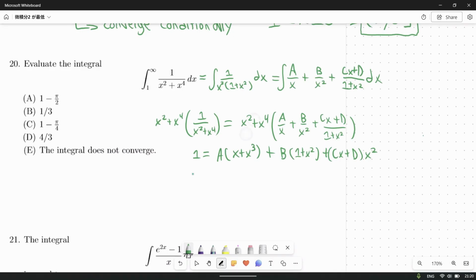Yeah, let me rewrite this as 1 is going to be equal to A times x times 1 plus x squared plus B times 1 plus x squared plus Cx plus D times x squared.